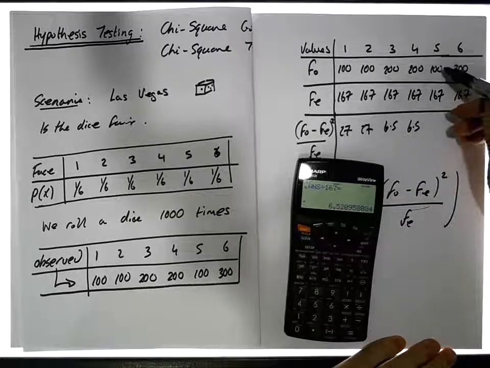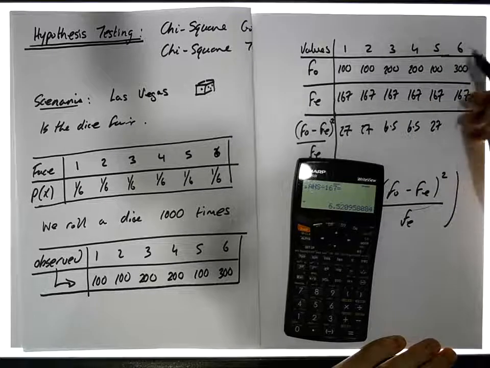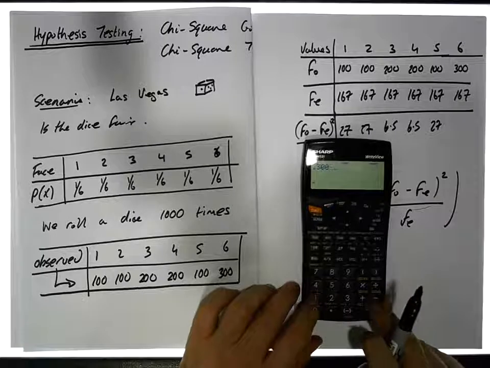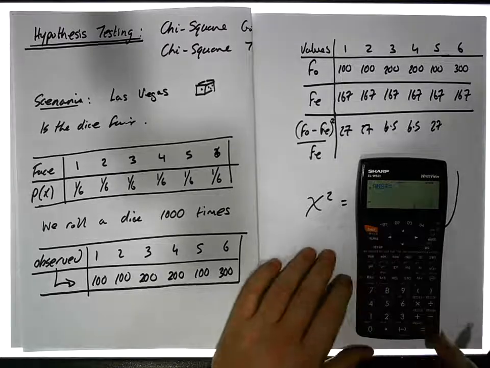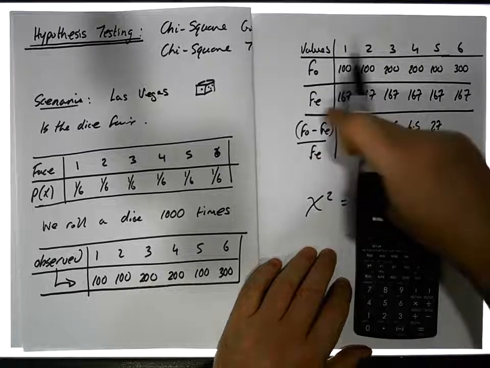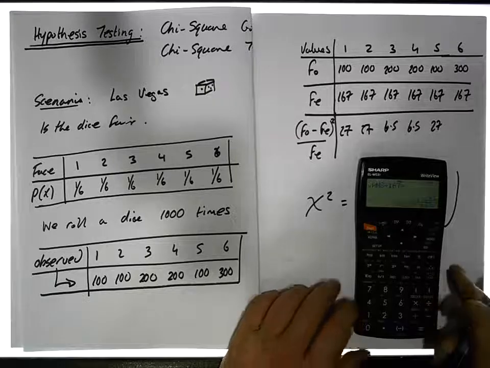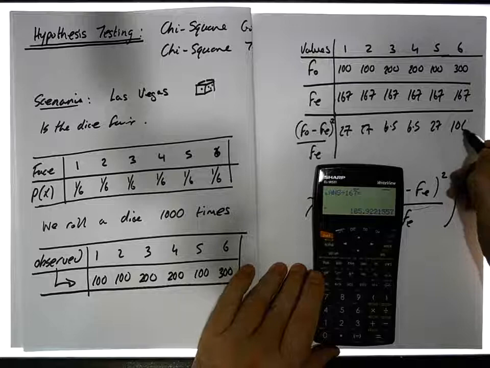For the 5, it's 100 and 167, so we get 27 here. And for the 6, it's 300 minus 167. When I square that, that gives us a pretty big number, 17,000, divided by 167. That gives us a value of 105.9, which is approximately 106.